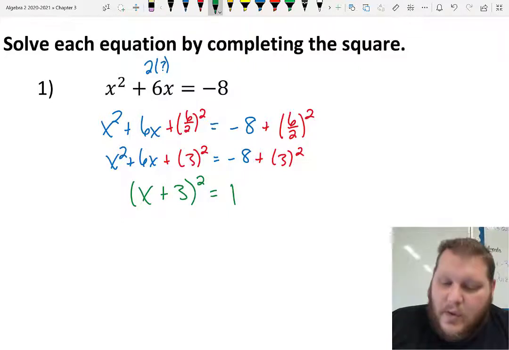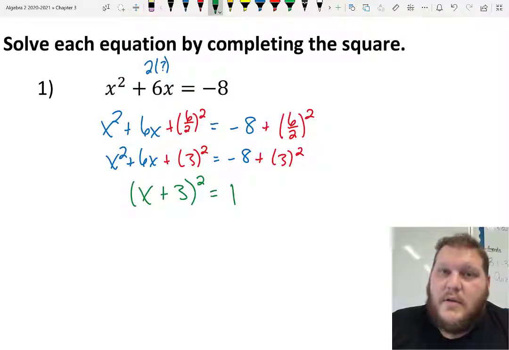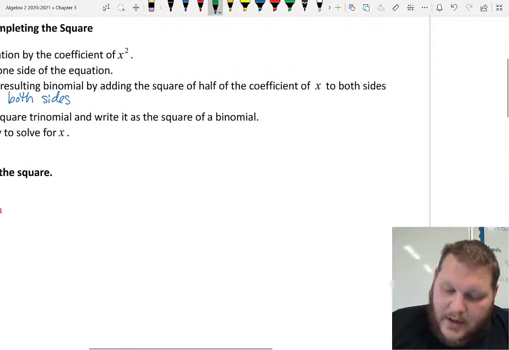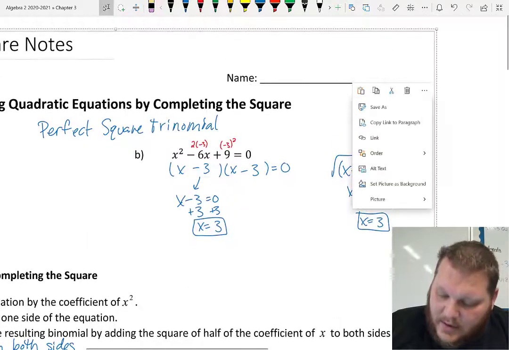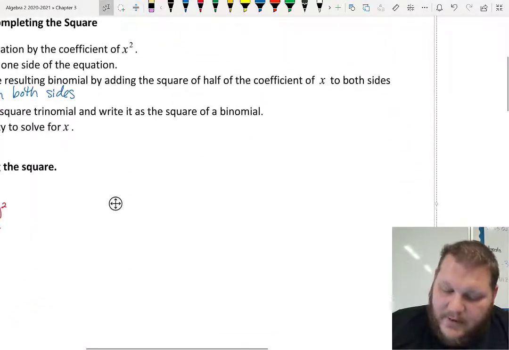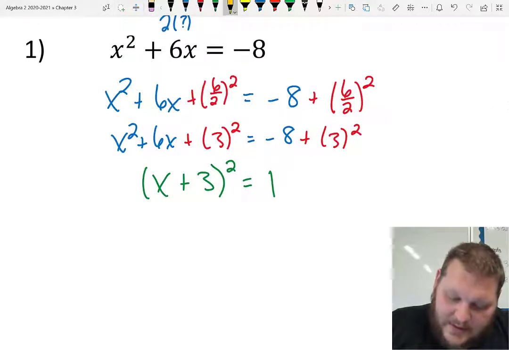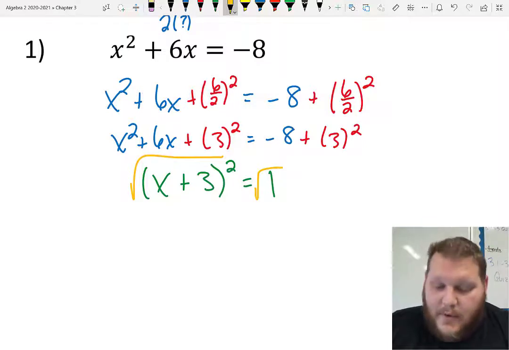Now we've got it into a form where we could solve using square roots, just like I did up above for x minus 3 parentheses squared equals 0. I'm going to do the same process, and we'll use this yellow. I've got my squared term by itself already, so I can take the square root of both sides.